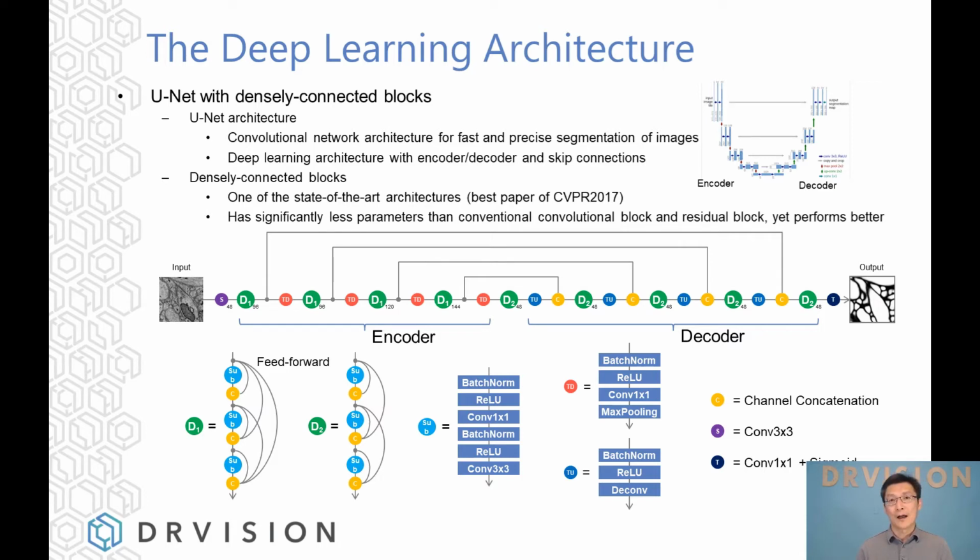Traditional deep learning architecture may only have the encoder part of the UNet. So some applications that classify an object into a category may only have the encoder part of UNet, but it is not suitable for image segmentation.